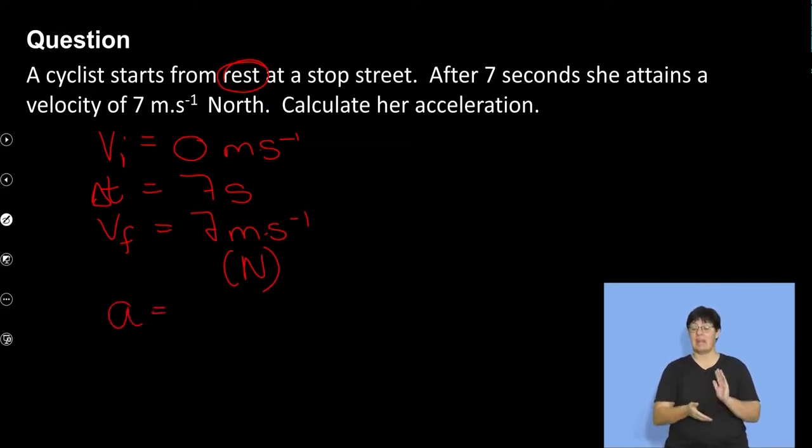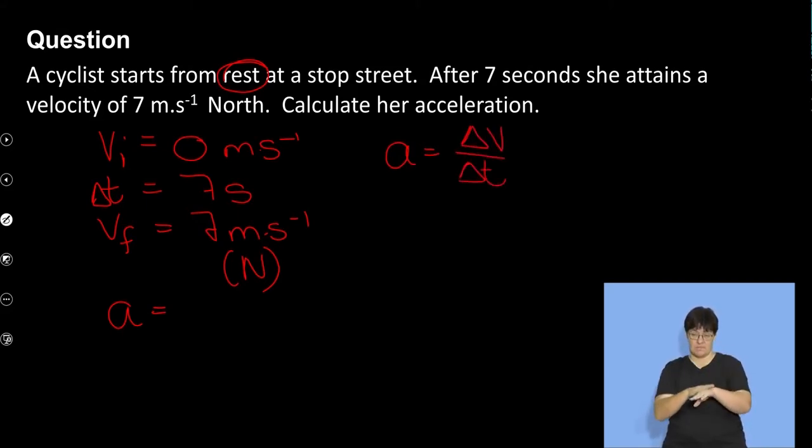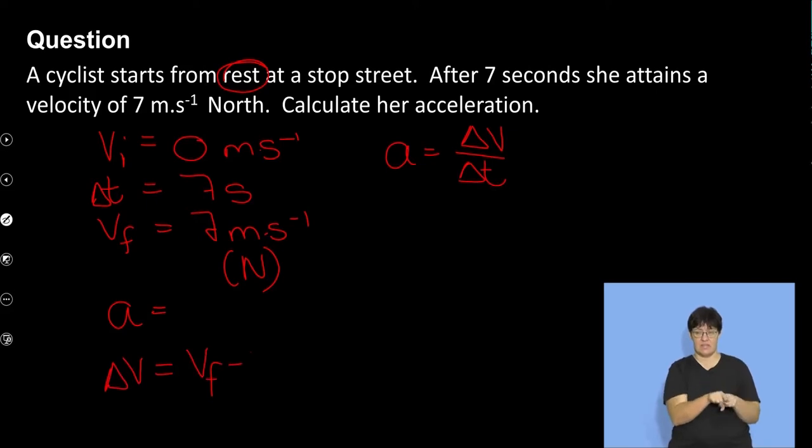Remember, acceleration is the rate of change of velocity. So acceleration is change in velocity over change in time. Rate, I'm just going to remind you, you don't have to write it in the equation, is final minus initial. Whenever I have that delta sign, the triangle, that means change in.